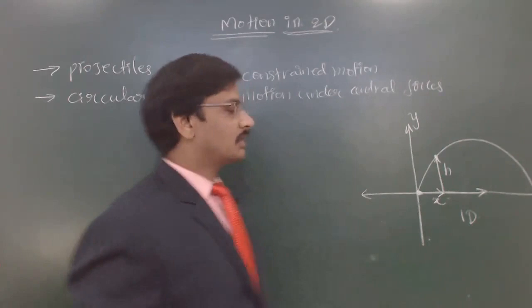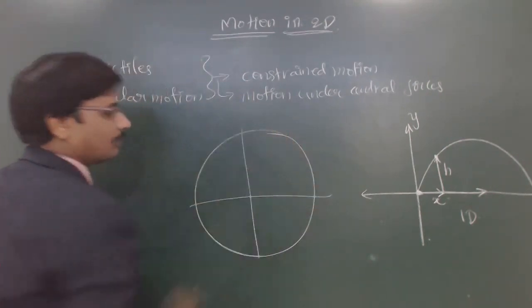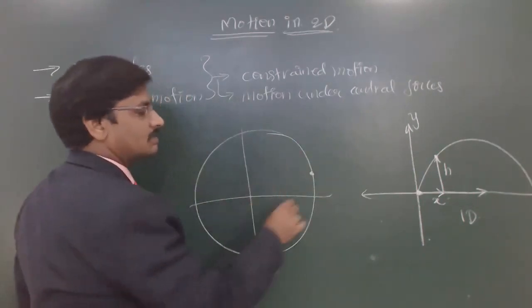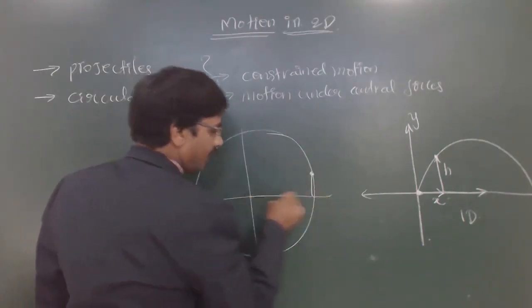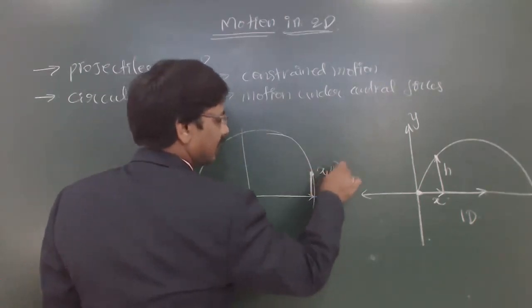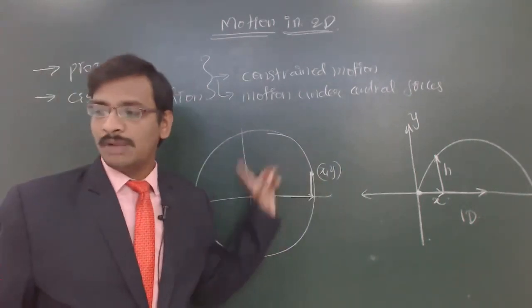Even in circular motion, the particle is traveling in this circular path. At any instant there will be an x displacement and a y displacement. The location is nothing but x comma y. So this is circular movement, but still it is a planar movement.